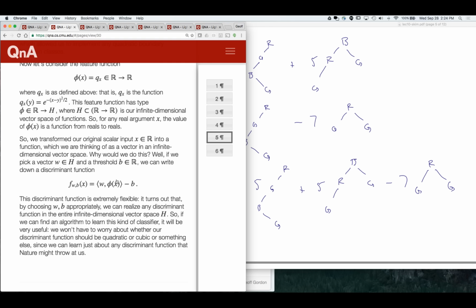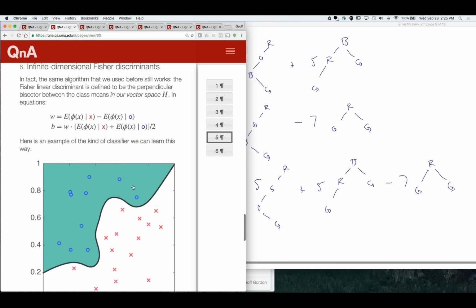We have our inner product between W and phi of x. So phi of x is a way of taking a point in our example space, so a point in the plane, and turning it into a function. And the inner product between this function and that function, minus the scalar b, that's a function, and we can use it as our discriminant function.